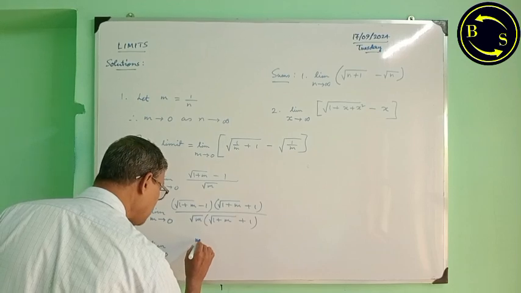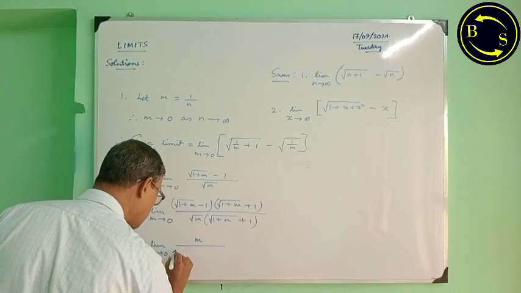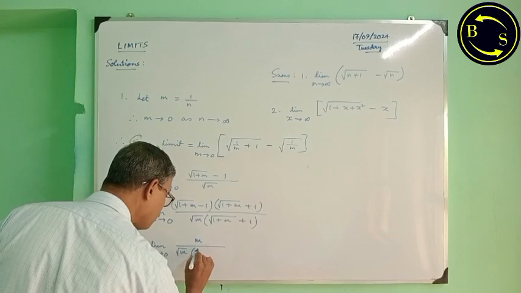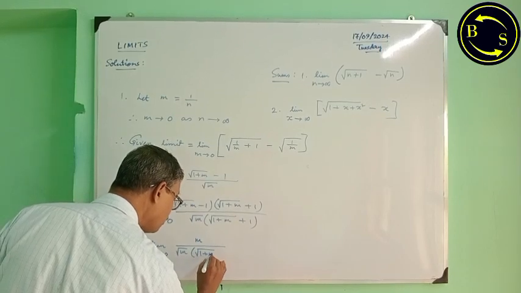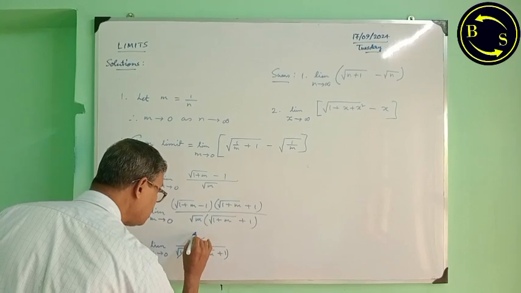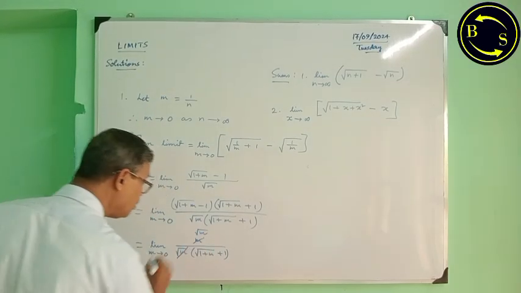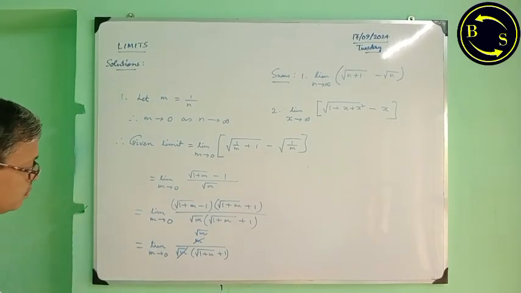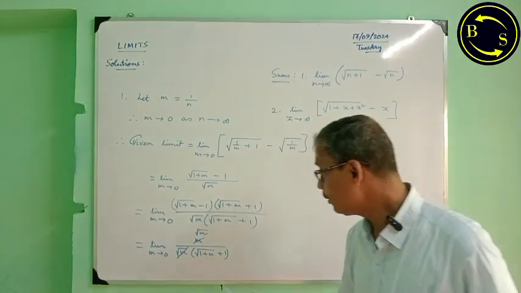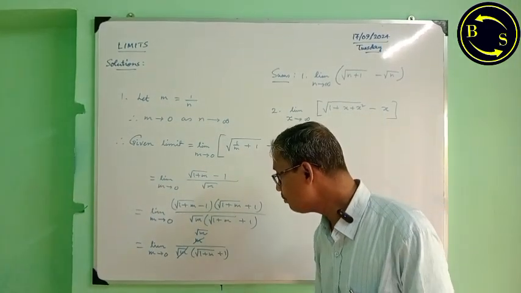I write directly m. Then this is root m. Now I cancel, and the numerator is root m.